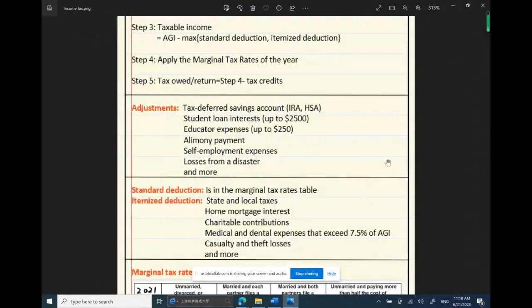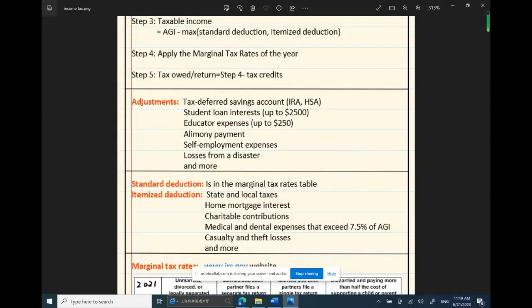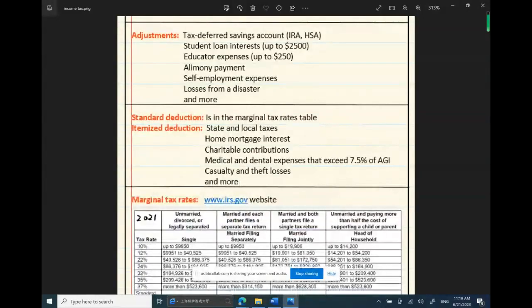But for some people, the itemized deduction is higher. If people have a lot of charitable contributions or own houses, look here. Itemized deductions include state and local taxes, home mortgage interest, charitable contributions, medical and dental expenses that exceed 7.5% of AGI, casualty and theft losses, and more.